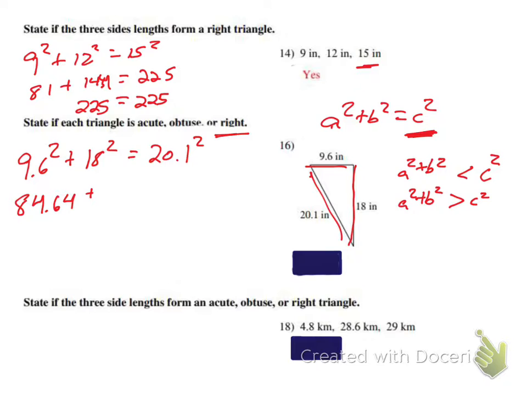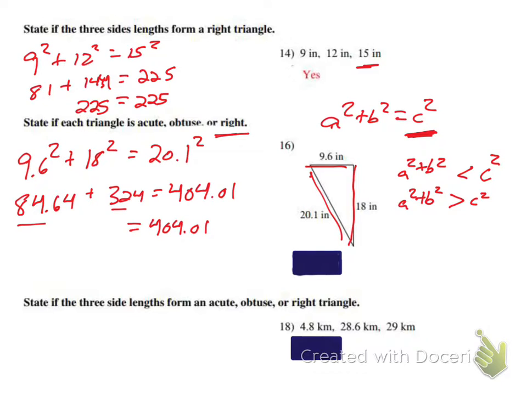Then I'll add 18 squared, which is going to be 324. And I'm going to set that equal to 20.1 squared, which is 404.01.